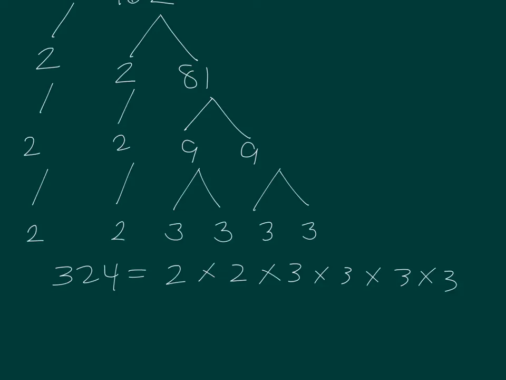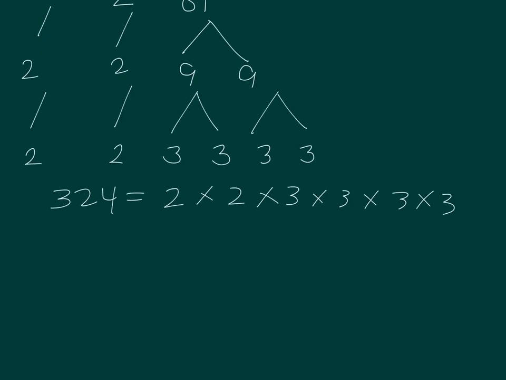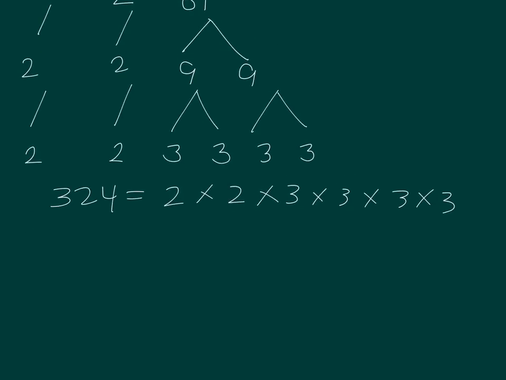Right? We count, there are 2 2's and we have 4 3's. That's the prime factorization. And if you notice, we arrange the smaller number first before the higher number. So 2 is smaller than 3, so we wrote 2 first before the 3.